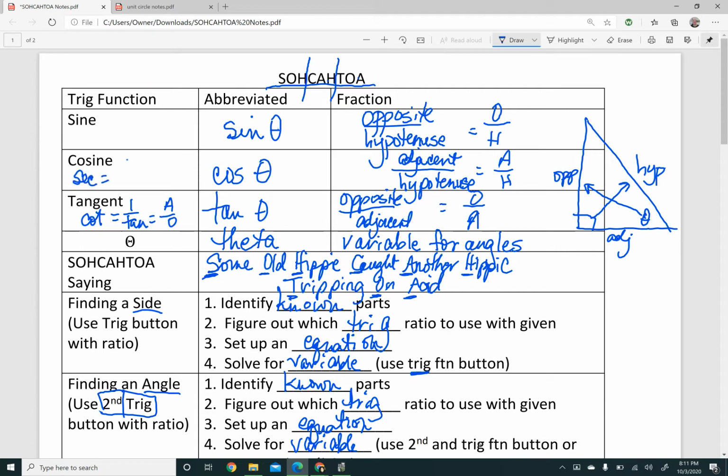Secant is 1 over cosine. So that'd be hypotenuse over adjacent. And cosecant is 1 over sine. So that is hypotenuse over opposite.